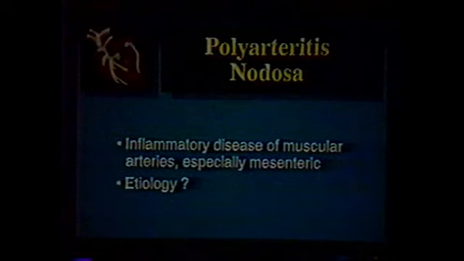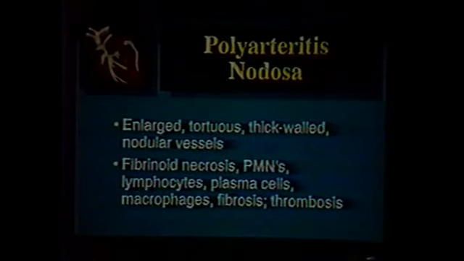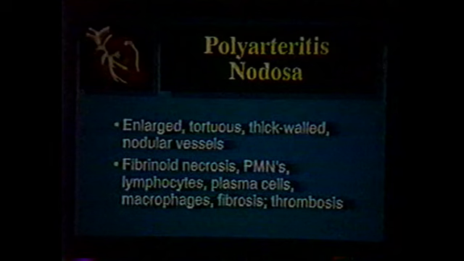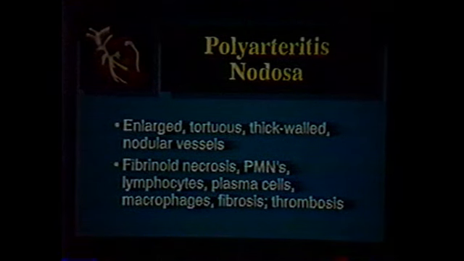Grossly, what you see, though, is quite characteristic, and that is these enlarged, tortuous, thick-walled, nodular vessels. Now, the lesion may be very segmental, and in fact, in my first experience with this, and I don't know whether it was just in Fisher rats, it's described in a number of strains of rats, whether it was the Fisher rats or the Fisher rats that we were getting from Charles River at the time.